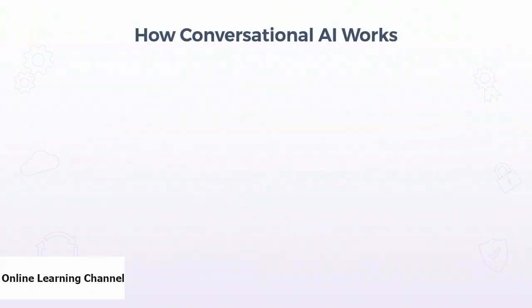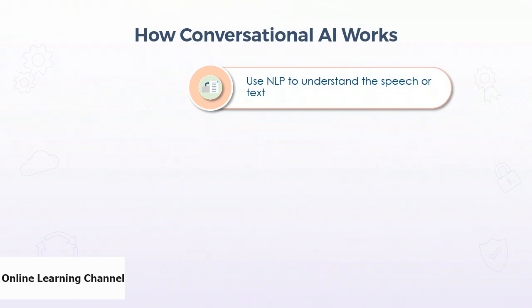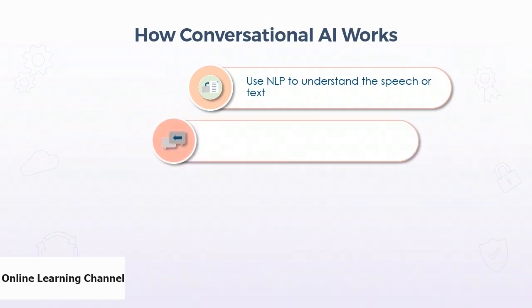So how does conversational AI work? Well, there is a sequence that goes like this. Essentially, AI bots use natural language processing to understand the speech or text submitted to it by a human end user. The AI bot then accesses a knowledge base to determine the most appropriate response or action to take based on the conversation.